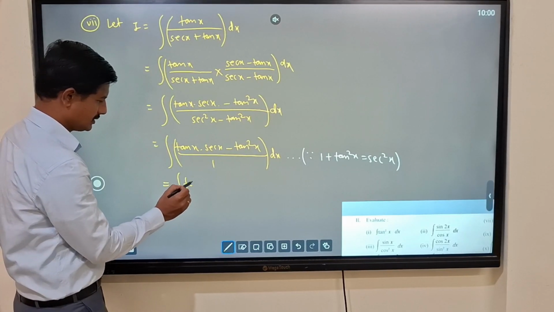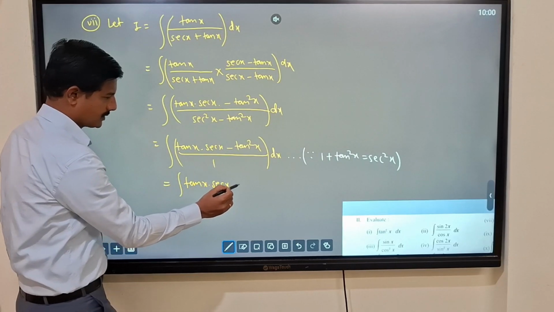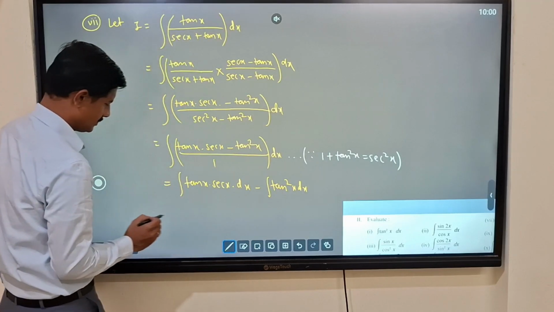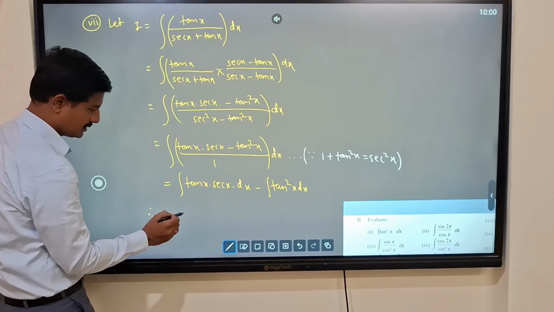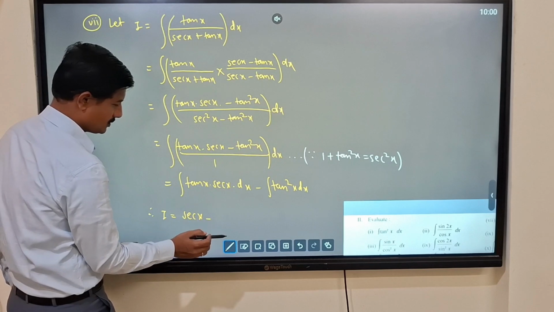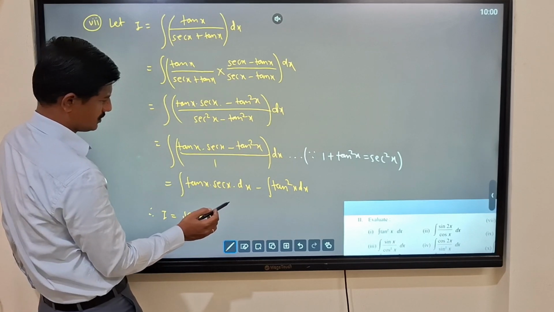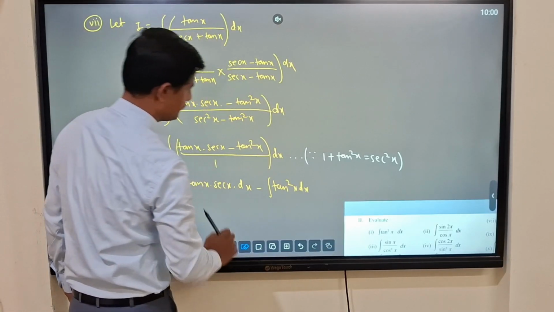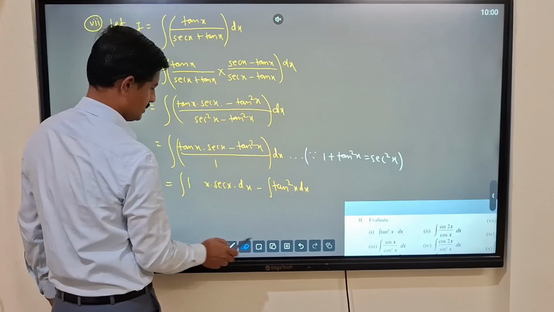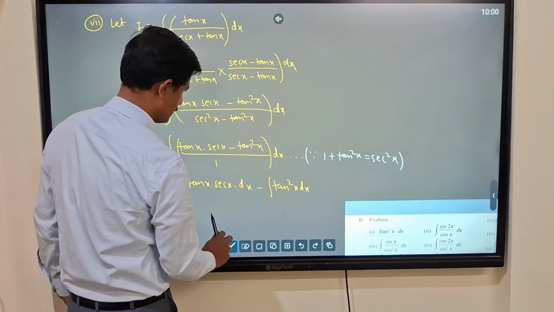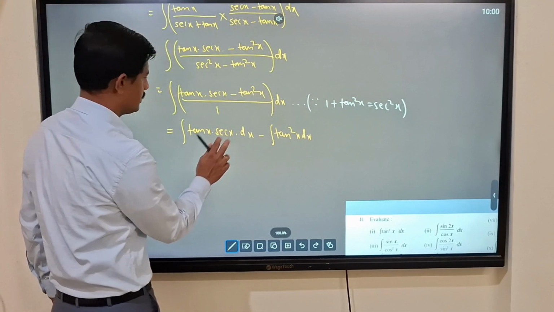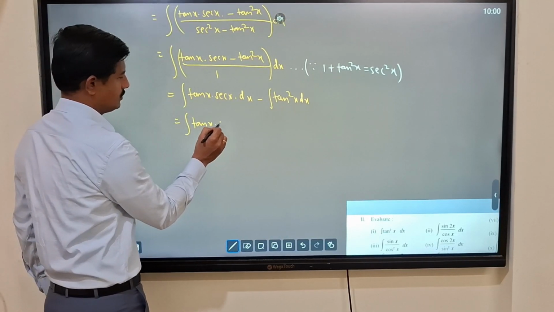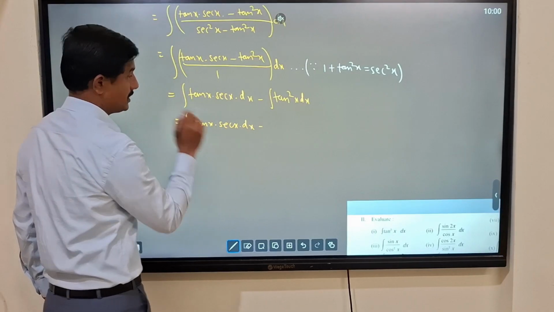Therefore, we can write this as the integration of tan x into sec x dx minus the integration of tan square x dx. Here again we have to use the formula we used before, and then it will get simplified.